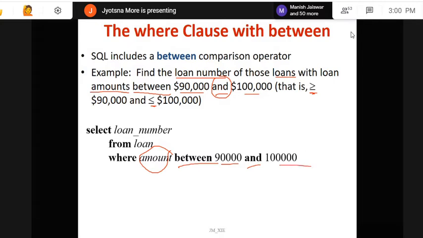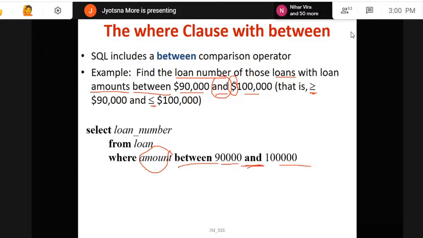Whatever dollar sign they have used in the question, if you don't include it while writing this query, it is okay, because you may have added that in your domain. So there is no need to specify rupees or dollars, just put the values. Remember, this is one way you can write your query. This and is very important.